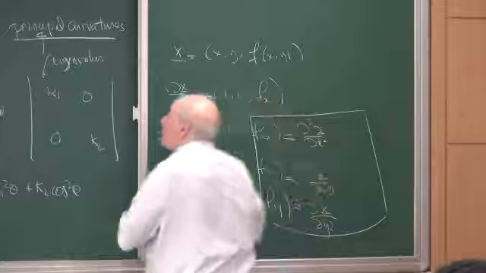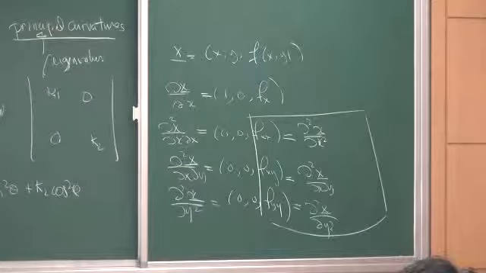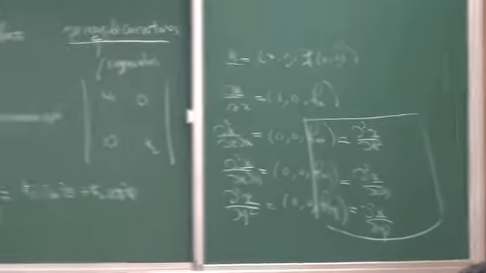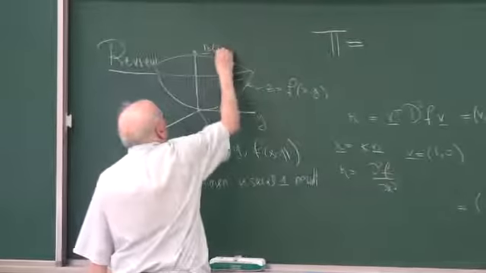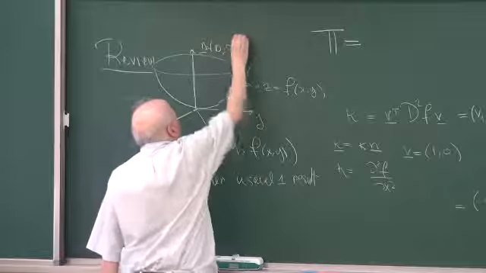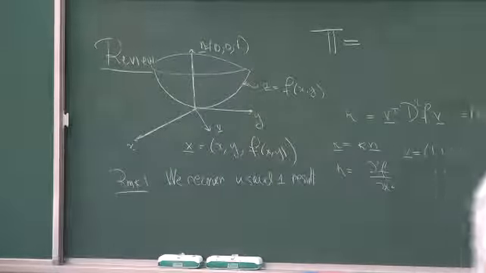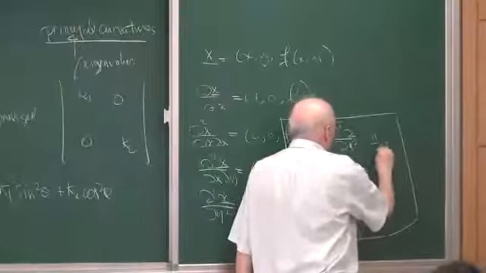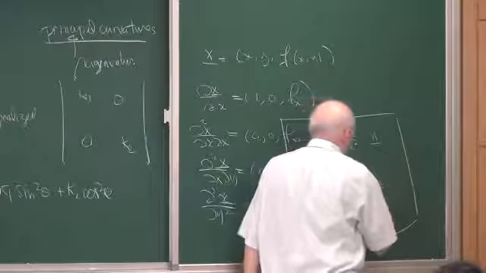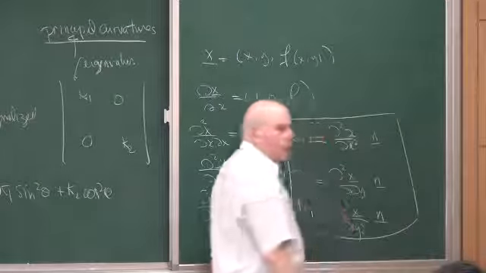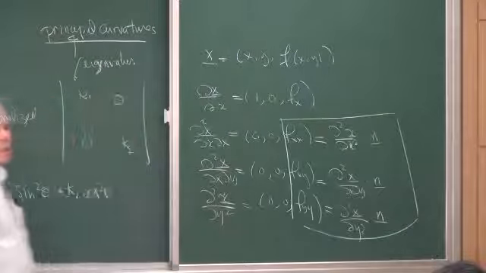So the normal in this case, the unit normal vector was 0, 0, 1, of course. So how do I get the last component? I differentiate and dot with the unit normal.